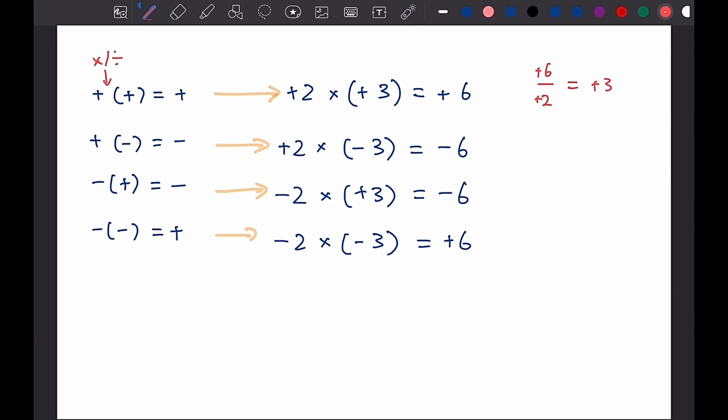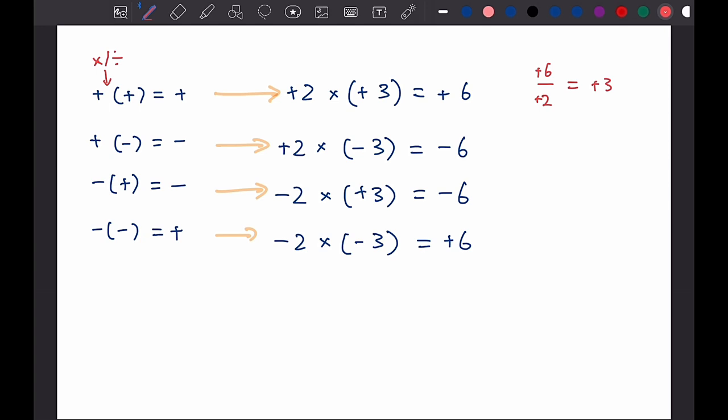So it won't be surprising to see that in line 3, when we multiply a negative number with a positive number, we get a negative number. So negative 2 multiplied with positive 3 gives us negative 6. And the last line is the most interesting one. When we take negative 2 multiplied with negative 3, we actually get a positive 6.